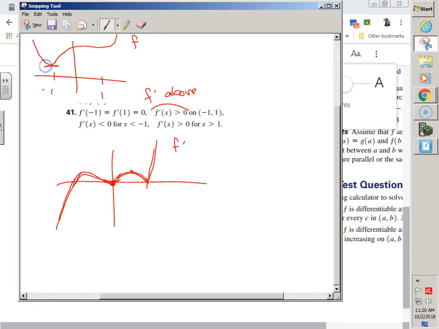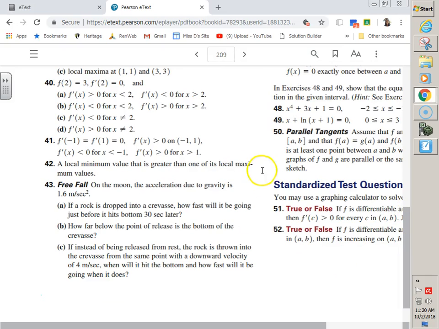Same horizontal tangent, you have a horizontal tangent. That should have been more that way. And then it's increasing and increasing again. That's what I would have graphed. And it could have been anywhere, because it didn't give me a point. But I would have done the horizontal tangent, then a horizontal tangent, and then increasing. Is that cool? Okay. Anything else? That one, the directions just messed you up.